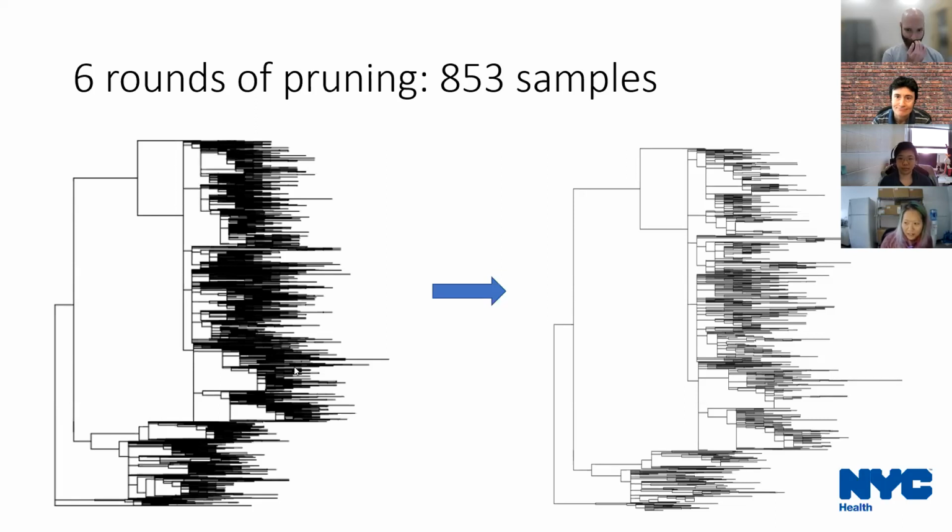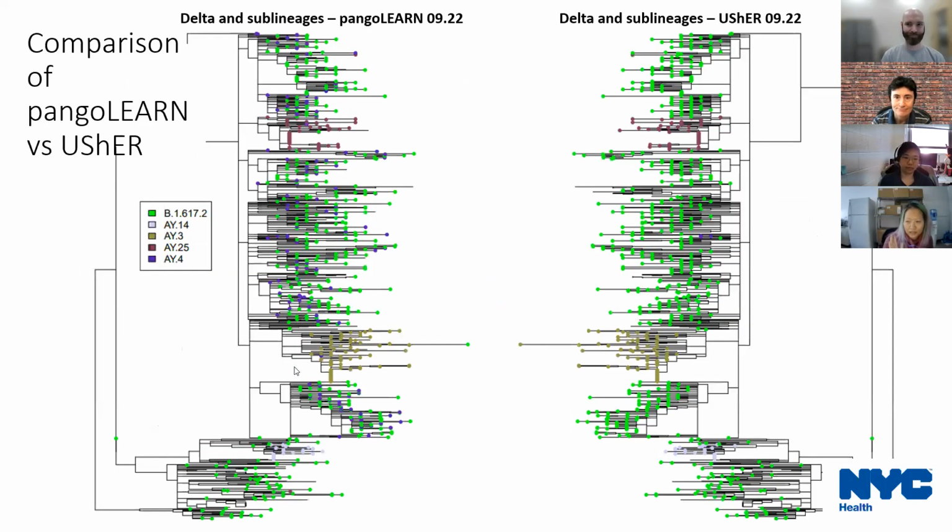So at the start, this is what it looked like. The left tree is the pangoLEARN calls, the right tree is the UShER calls, and the tips are colored by lineage. We only have the top 5 lineages here just to make it easier to visualize. Because most of our sequences are delta, which is the lime green, you can see most of the tree is lime green.